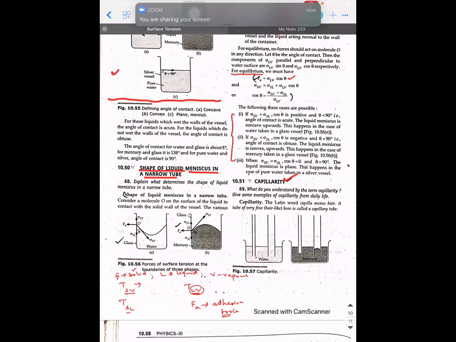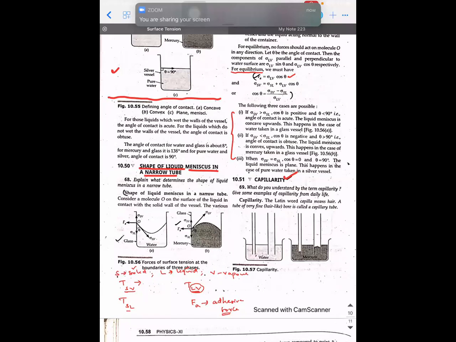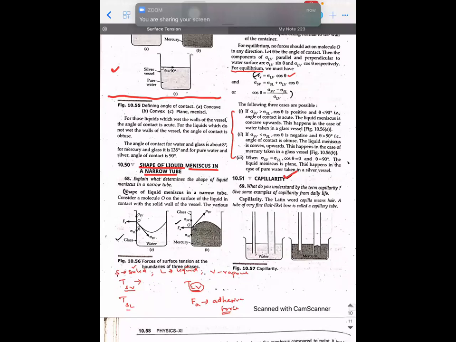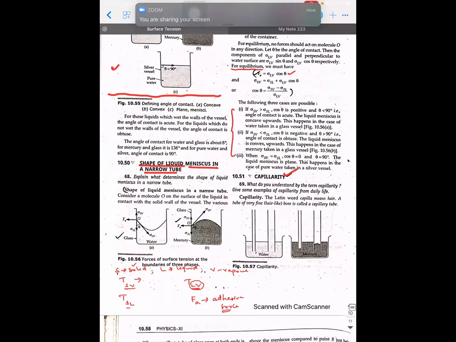Next concept is going to be capillarity. Okay. So let me explain what this capillary actually means.